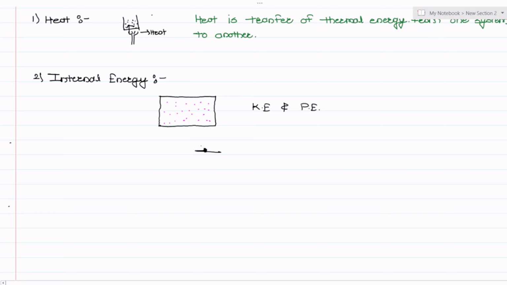Another is what we call kinetic energy of motion. Means the particle is moving from one point to another point, A to B. A to B means the particle is traveling from A to B position. Then it also has kinetic energy. Okay. And the potential energy. Potential energy is due to interaction between two molecules.